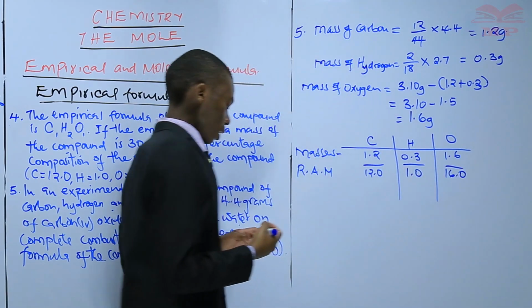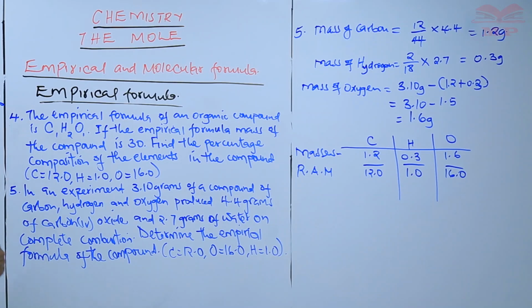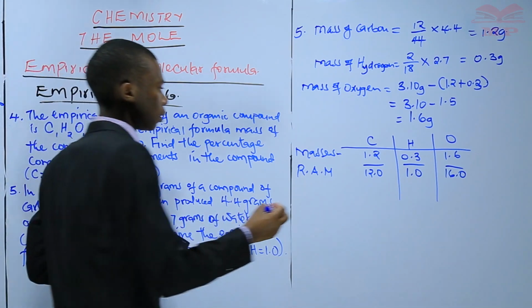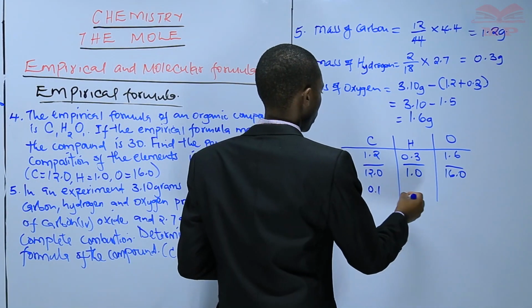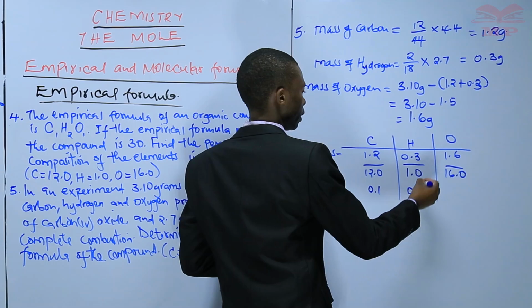In the first case, 1.2 divided by 12 is 0.1. Hydrogen is 0.3. Oxygen is 0.1.